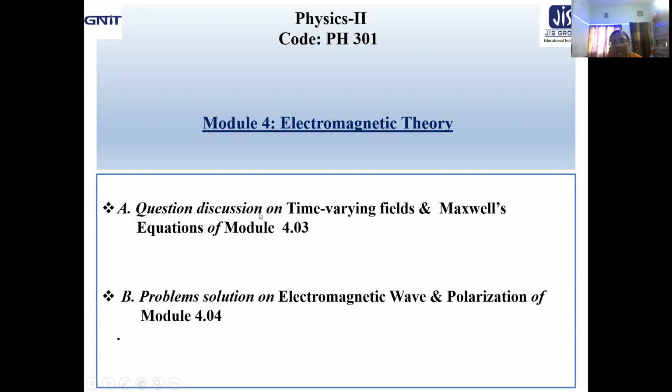So today in 15A session, I will first do some specific question discussion. Then I will move to session 15B, where I will discuss the problem solution on electromagnetic wave and polarization of module 4.04. That means the module we are running right now.